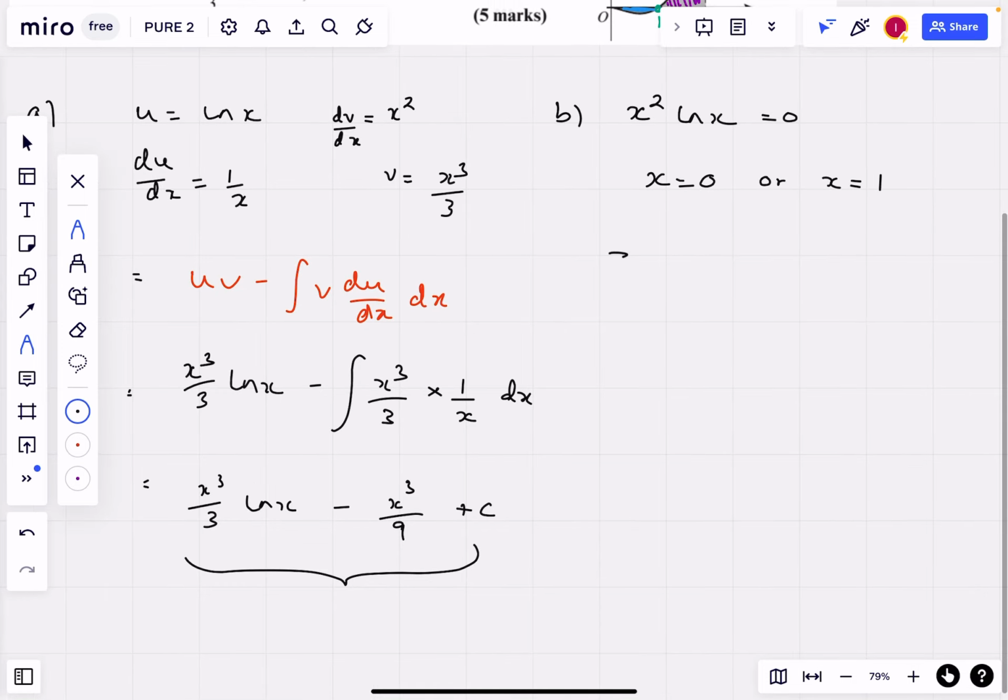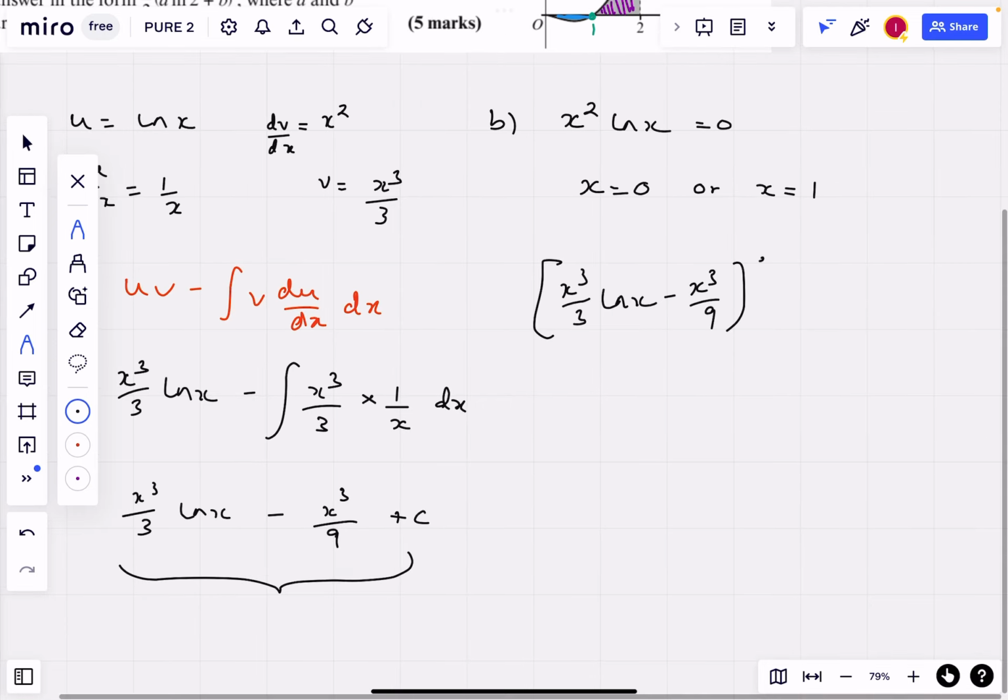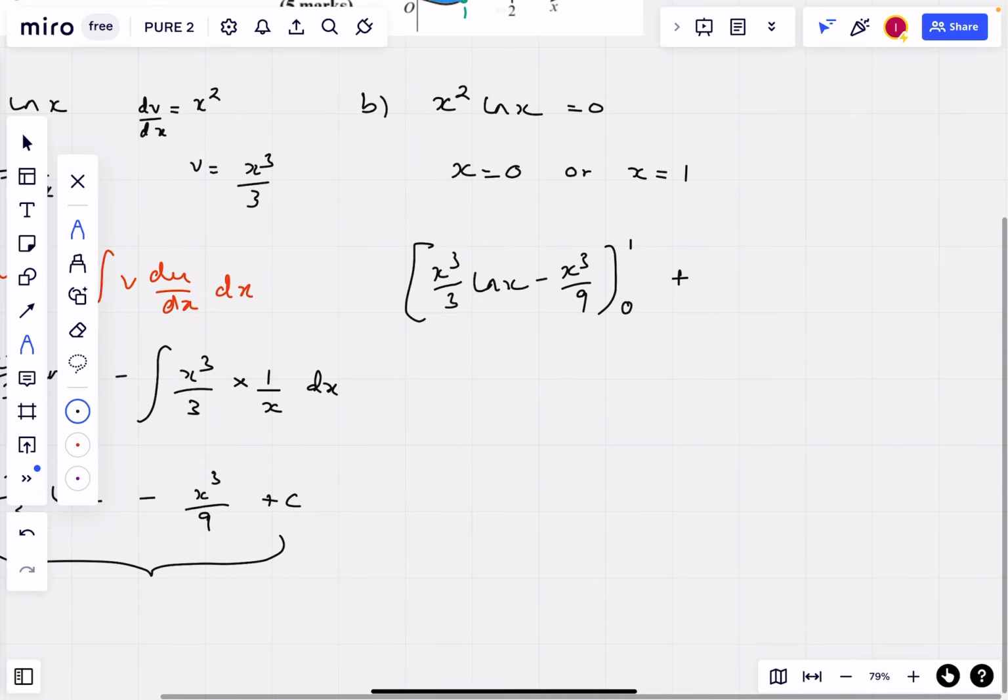The first interval, x cubed over 3 ln x minus x cubed over 9. The first will be from 0 to 1. So big number always at the top, like that. And then you're going to add the same thing, but between 1 and 2.